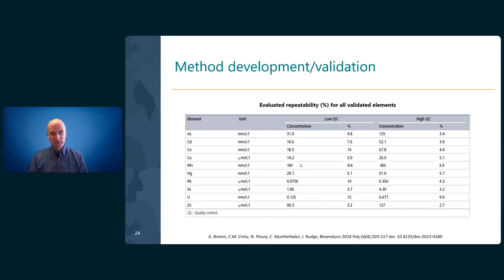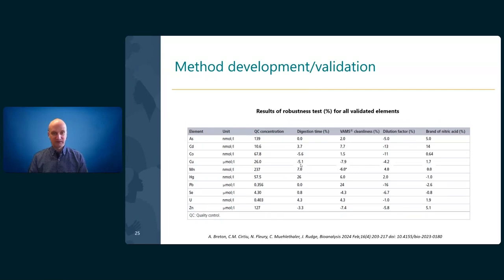We also assess the repeatability for these elements at two different levels, with a low QC material as well as with a high QC. It works very well for most of them. And finally, the robustness test for the validated parameters.